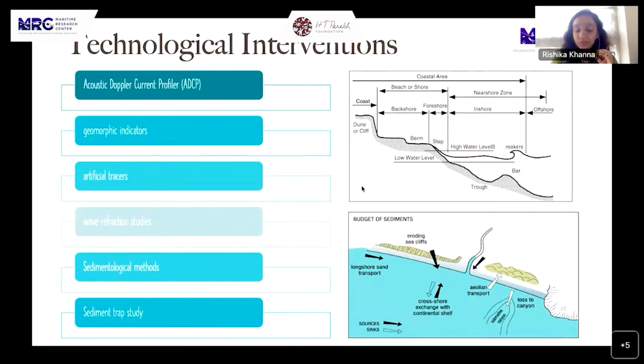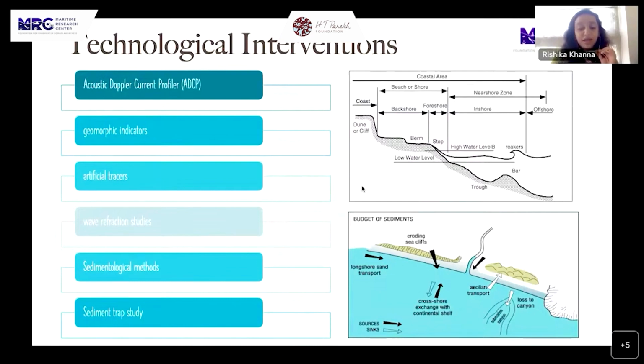So to measure the suspended and the bed load sediment load, we need average current velocity as a measurement parameter, and sediment concentration. For this, firstly we have our acoustic Doppler current profiler, which is an instrument that measures both quantities, that is the average current velocity as well as the sediment concentration, from a vessel underway.